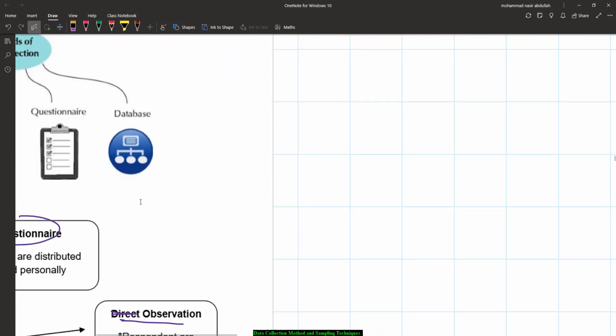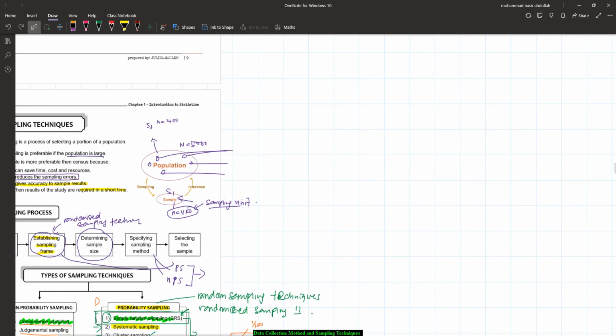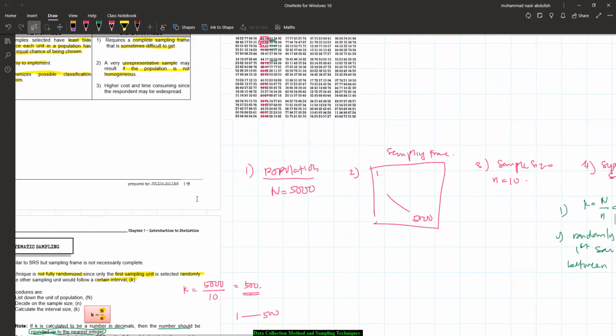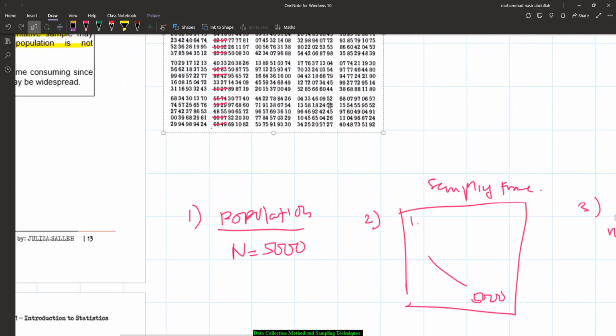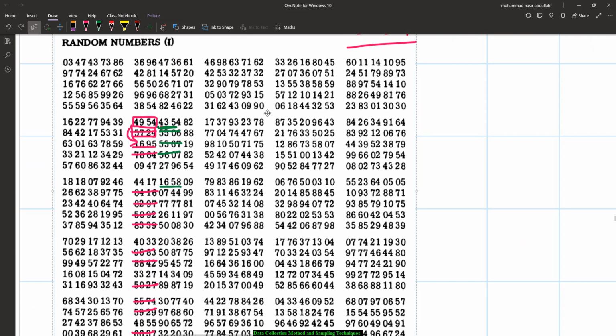Let's say, suka hati pergi mana-mana. Let's say I ambil yang block number, column number 3, row number 1. Right, we're going to select until 500 kan, 1 until 500. So we're going to use 3 digits.